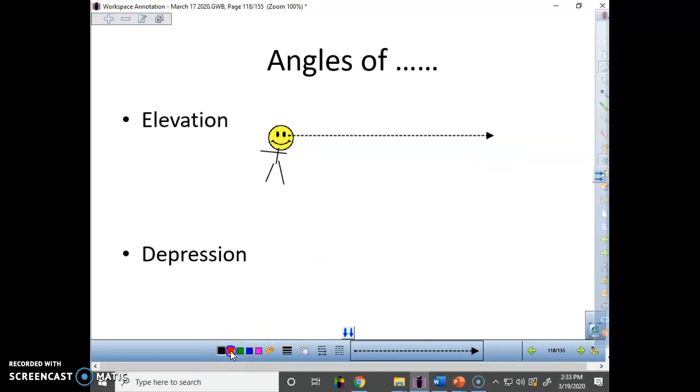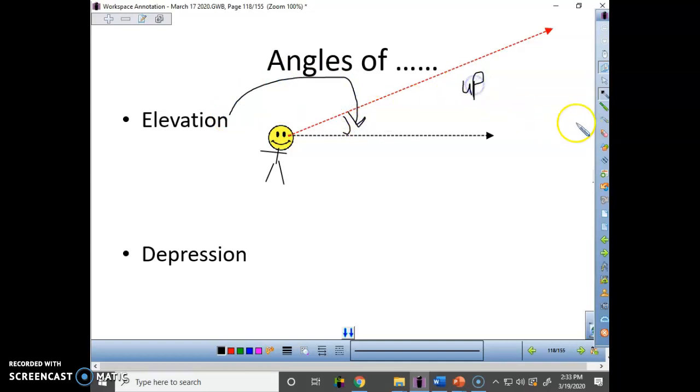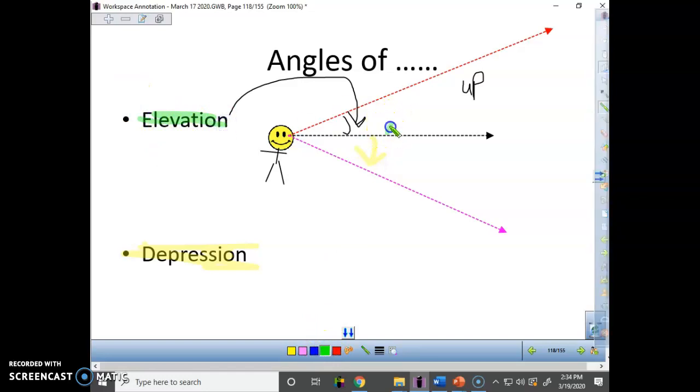But if he looks at something up, the angle right here, we consider that an angle of elevation. So you're looking up at something. Similarly, if he looks down on the ground for something, the angle underneath that, we call the angle of depression. Depression looking down, elevation looking up.